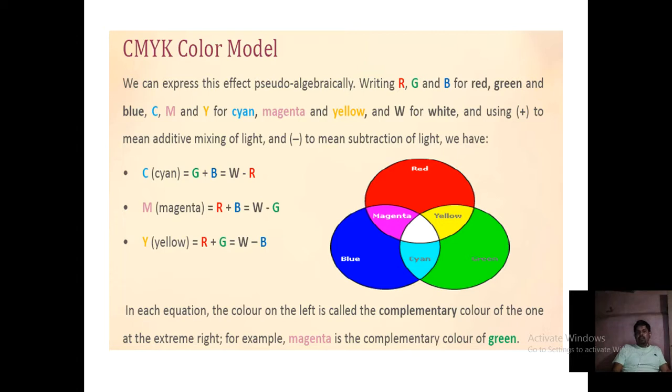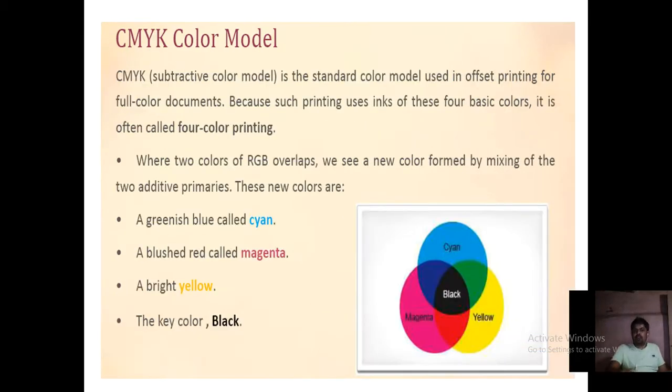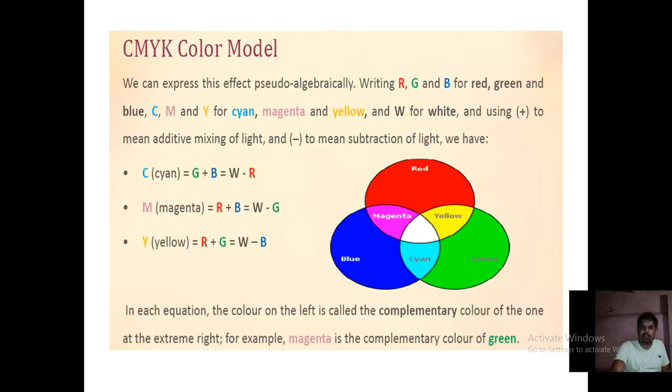Magenta is the complementary color of green, meaning if you remove green from white, then you will get magenta. Because green you got by adding cyan and yellow, right? That's why if you do this complementary, then you will get the other colors.